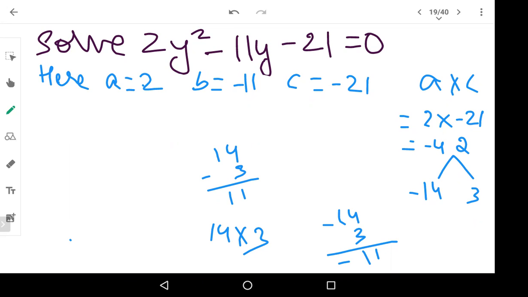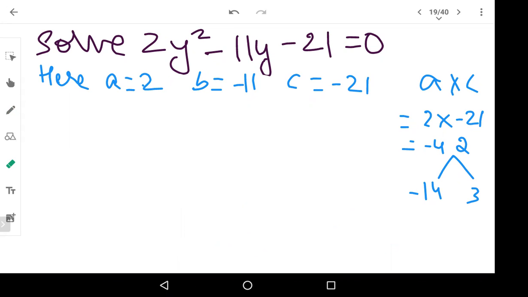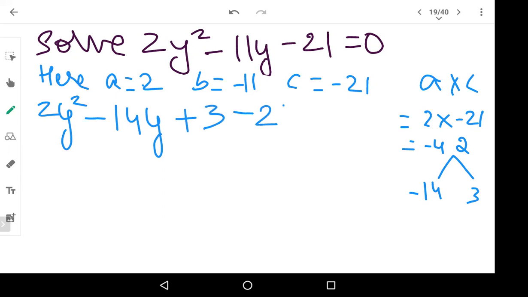Okay. Now let us finish the equation part quickly. So 2y square minus 14y plus 3y minus 21 is equal to 0. So if I take 2y as common, now if you see here, 2y minus 14, 14 also is divisible by 2. 2 sevens are 14, right? So I'll not only take y, I'll take 2y as common.